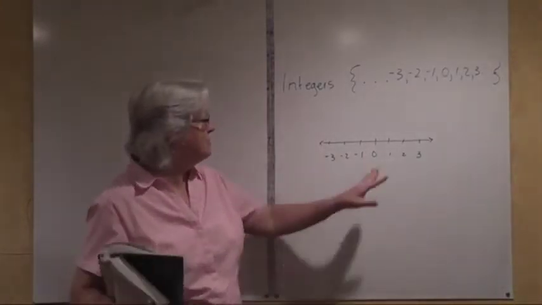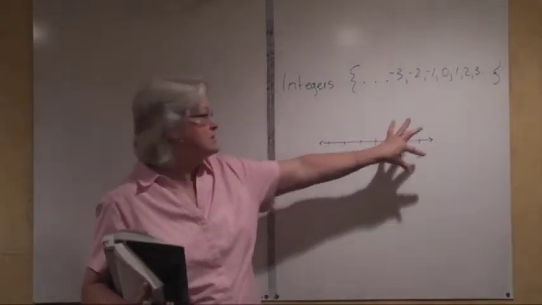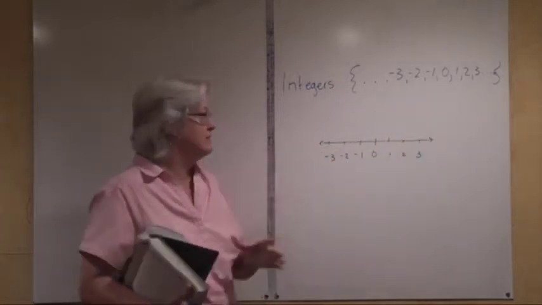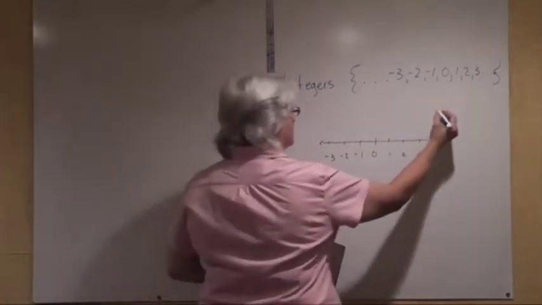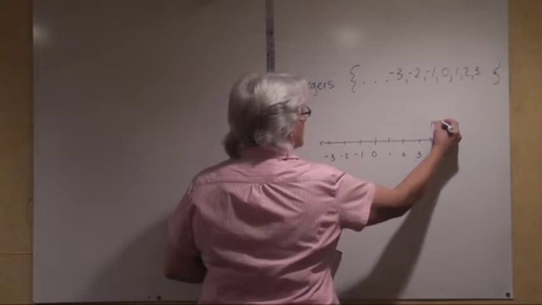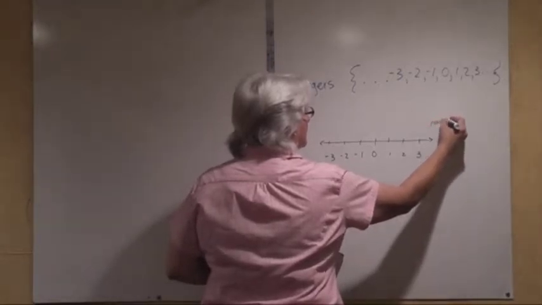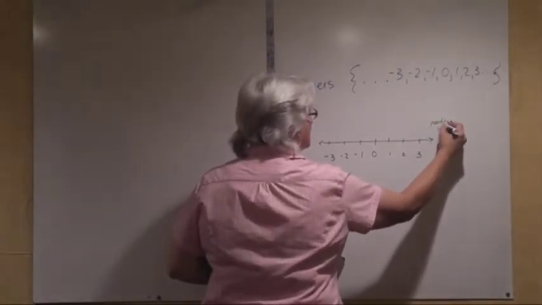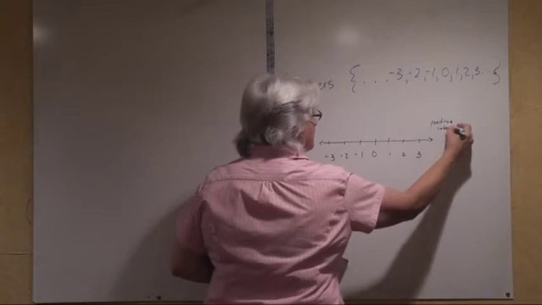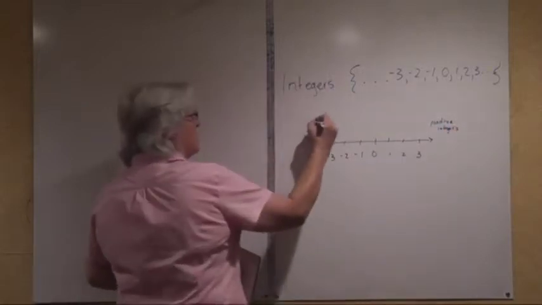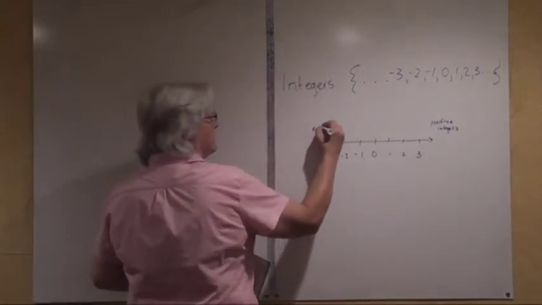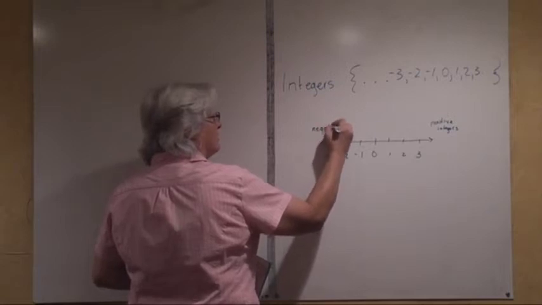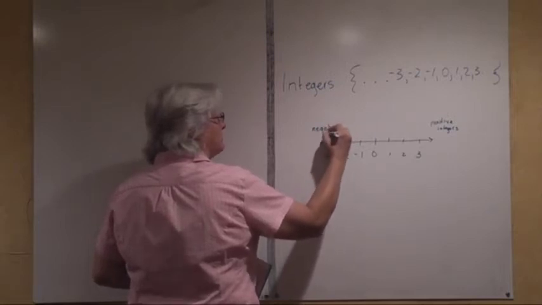And 0 separates the positive integers from the negative integers. So to the right we have positive integers, and to the left-hand side of the number line we have negative integers.